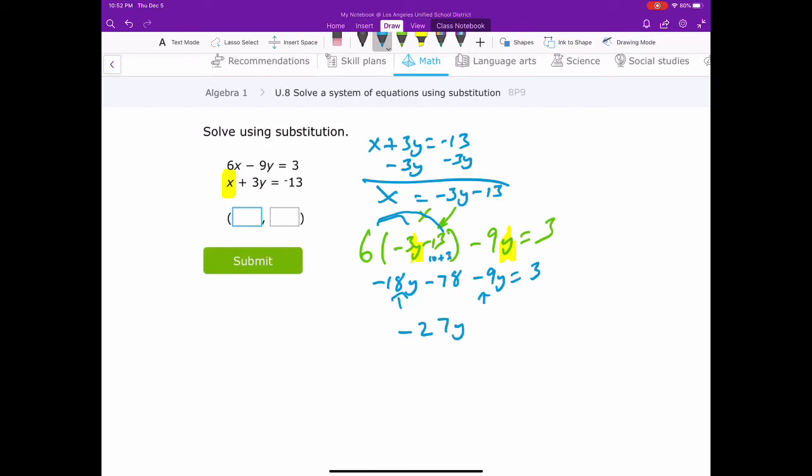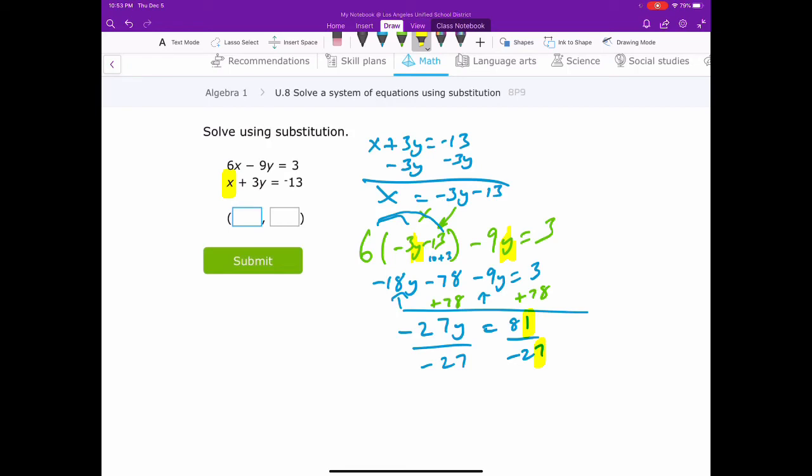I'm going to get rid of this 78 by adding 78 to both sides. So this is equal to 81. And if I divide both sides by negative 27, how many times does, so the hint is, looking at this last number, how many times does 7 multiply to become a 1 at the end? 7 times 1 is 7.